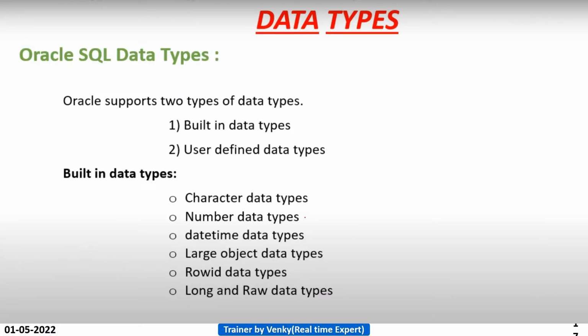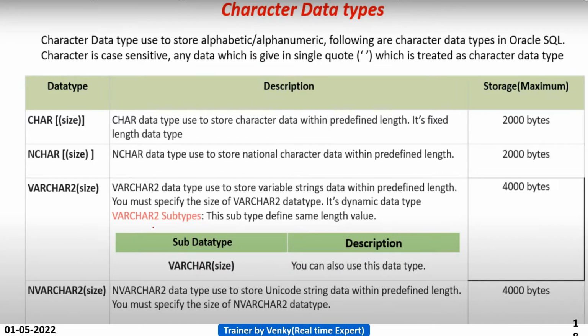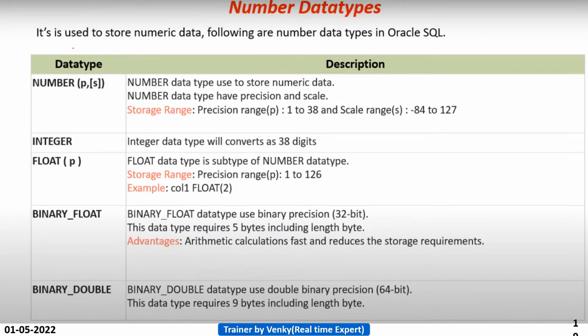Its mechanism: it will accept only numeric data. It cannot accept any boolean, it cannot accept any string data type, it cannot accept any other data types. It will allow only the numeric data type, which is used to store numeric data.